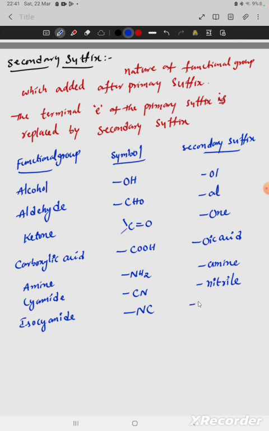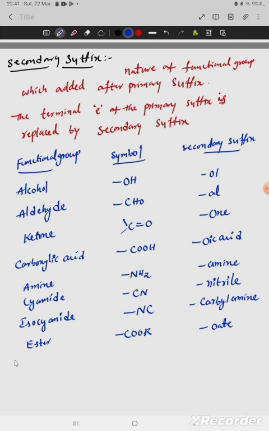This is carbylamine; the suffix is carbylamine. Next, ester, COOR, suffix is oate.